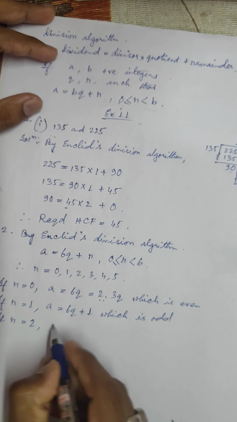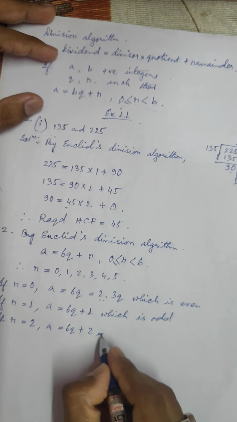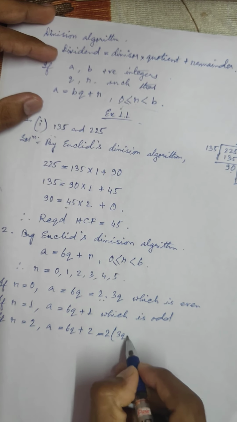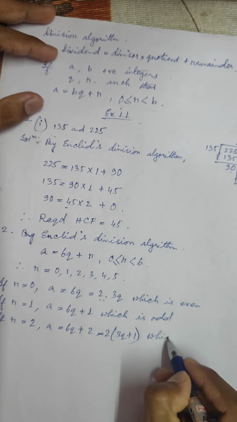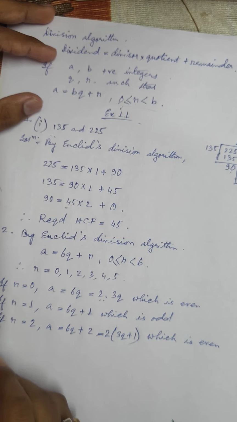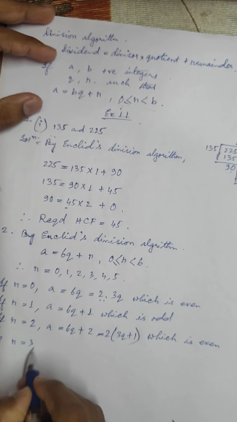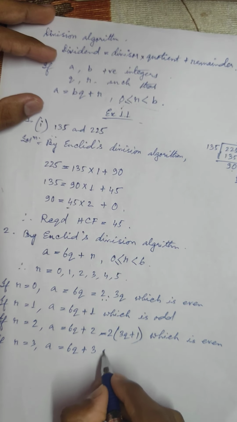If r equal to 2, then a equal to 6q plus 2. This we can write as 2 into 3q plus 1, so it has a factor 2, which is even. If r equal to 3, a equal to 6q plus 3, which is odd.